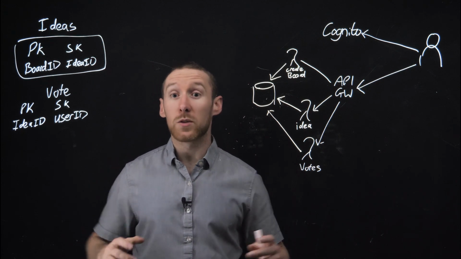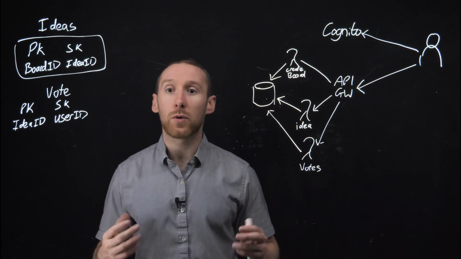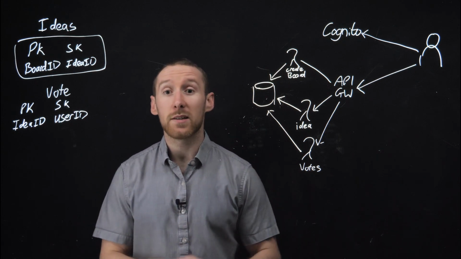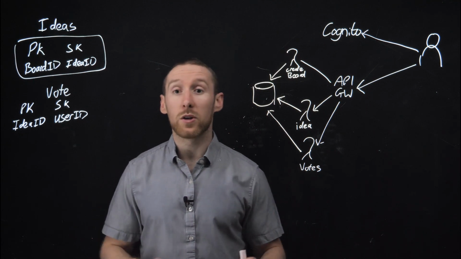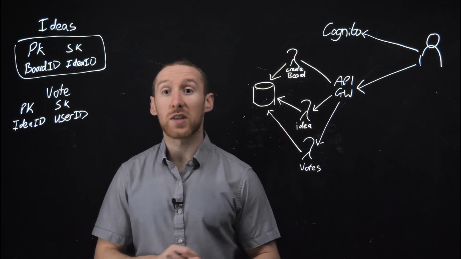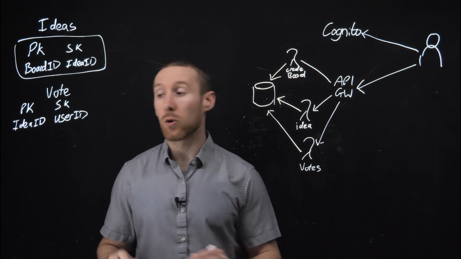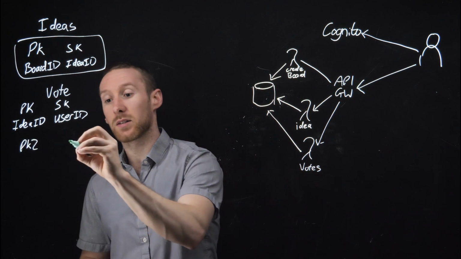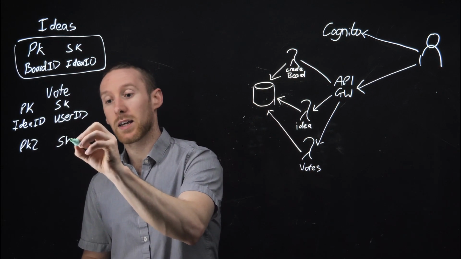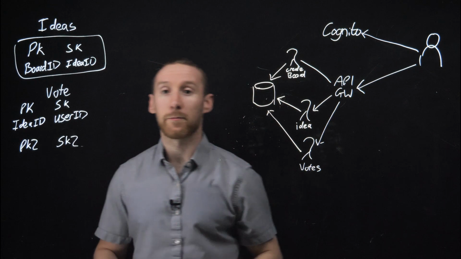This process is really good, but what happens if we want to find all of the ideas that a specific user has voted for? What we can do is add another global secondary index, and I'm going to call that PK2. So there's going to be a second partition key and a second sort key.